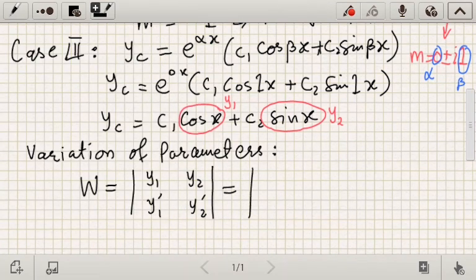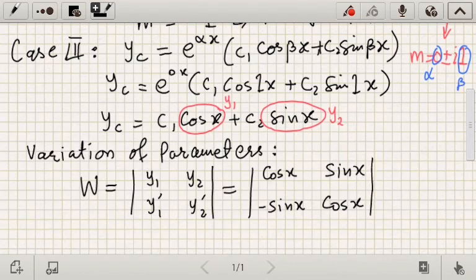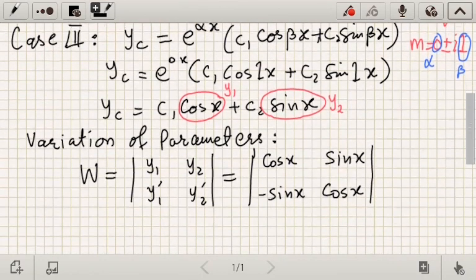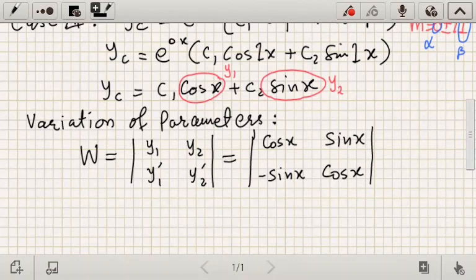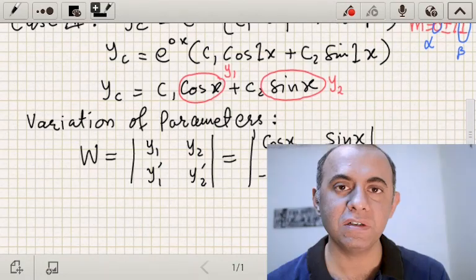So it will be cos of x, which is y1, then the derivative of cos of x, which is minus sine x. Similarly, y2 is sine x, and the derivative of sine x is cos x. This is the determinant we will need in order to use the variation of parameter formulas.